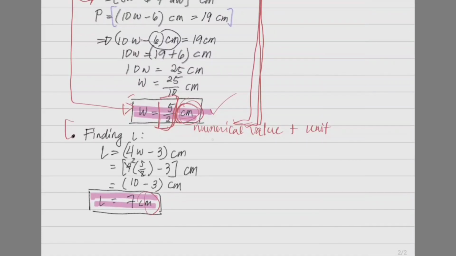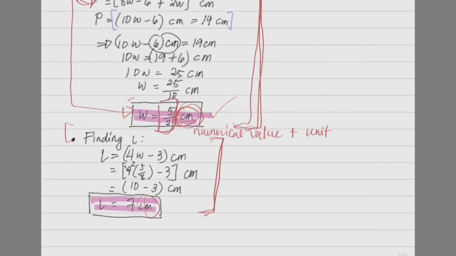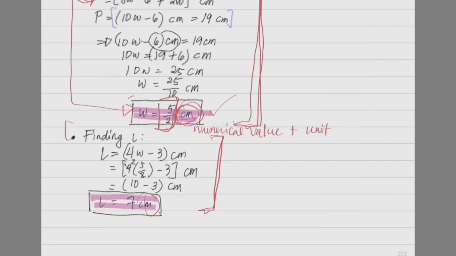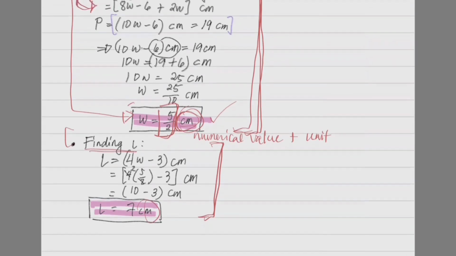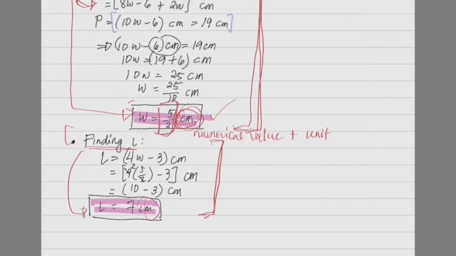And then this chunk here is a small portion of your solution that may be of value. This can be 2 points, or maybe 3, depending on your teacher. So if we put here finding L, your teacher should see the value of L at the end of your solution.